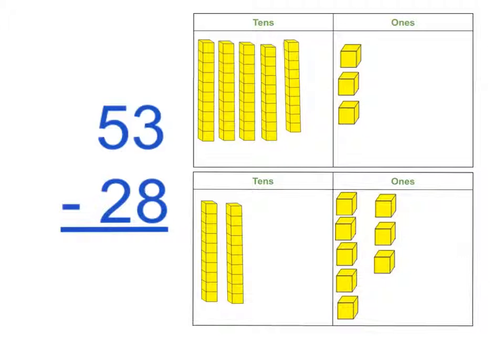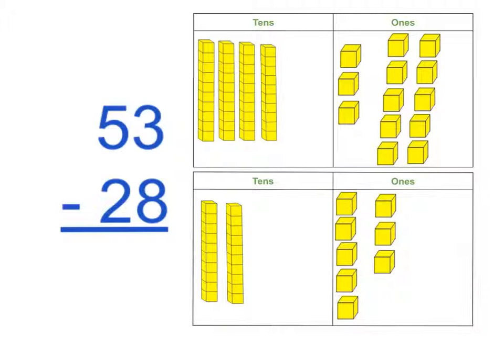On the top table, if I take one of these tens and the ones can borrow it, now with this combination I can do 10, 11, 12, 13. I can take away 8 from 13. I can now subtract 8 away from 13 by matching my boxes up. When I do this, I am now left with 1, 2, 3, 4, and 5.